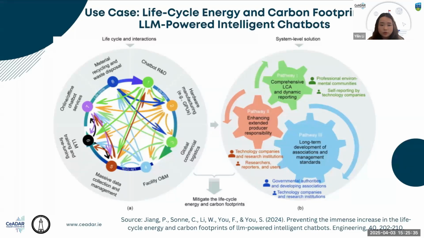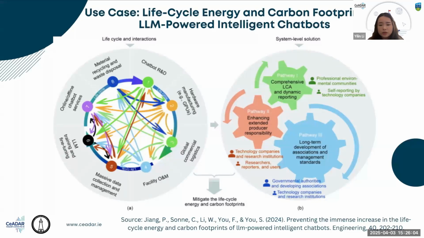Research and development affect how we build the hardware, how we manage the data, and how efficient the training is. And the way we build and use the hardware impacts almost every other phase, from the logistics to operation and even the recycling.